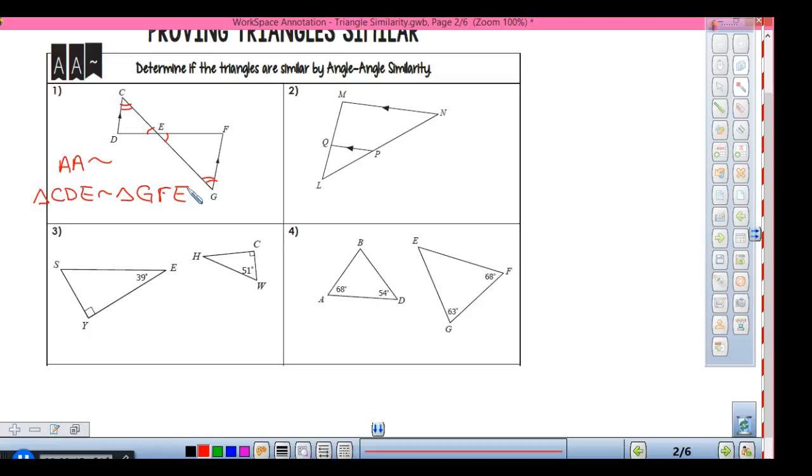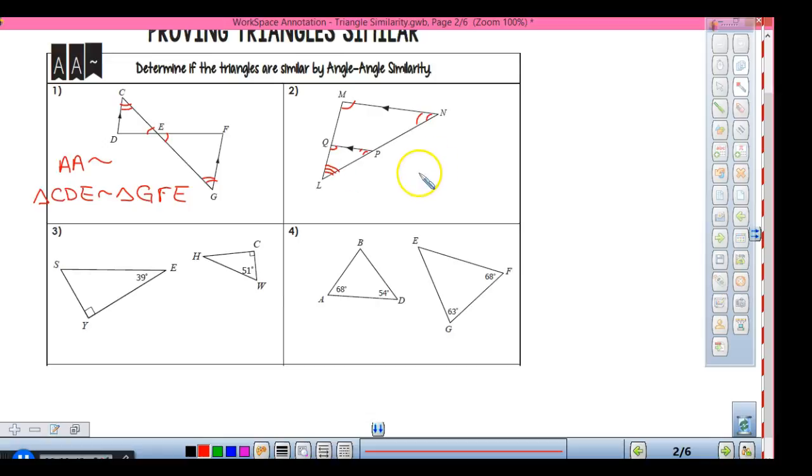Okay. If I'm looking at number 2, what kind of angles do I have? I have corresponding angles, yep. So I can say this guy is congruent to this guy. LPQ is congruent to who? P and M. And we also know L is my shared angle, right?